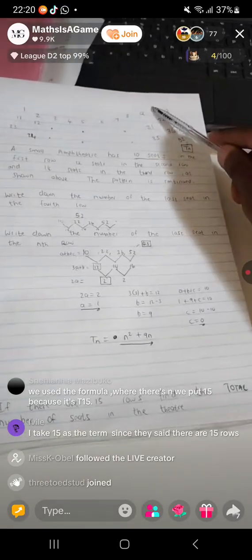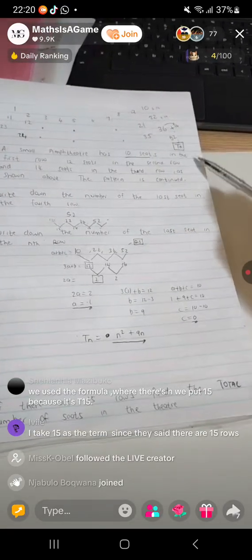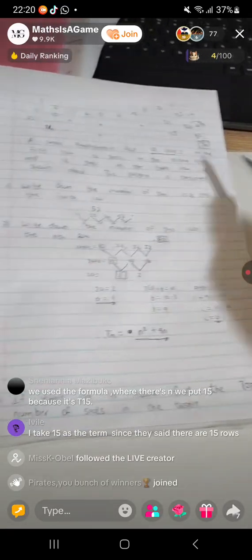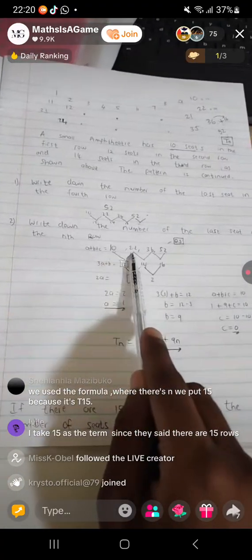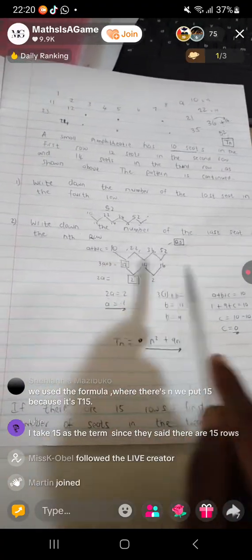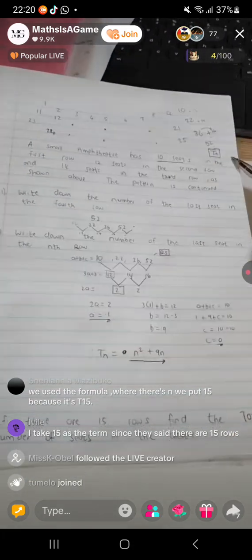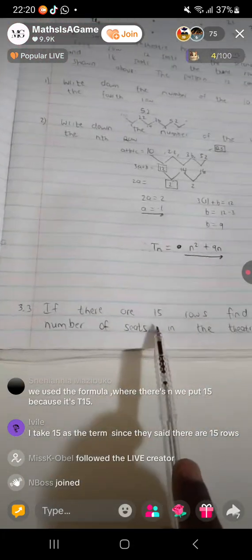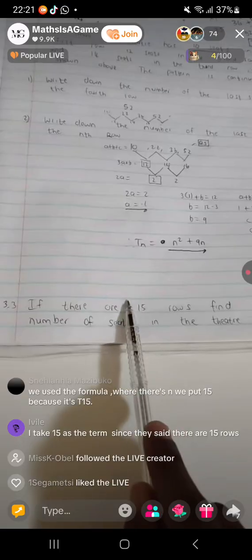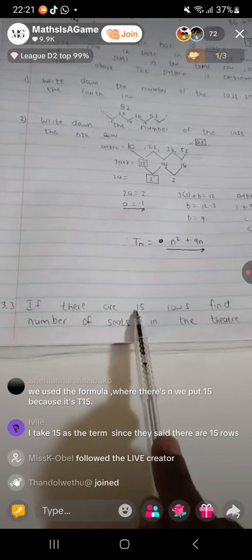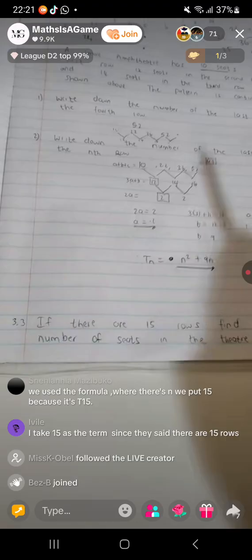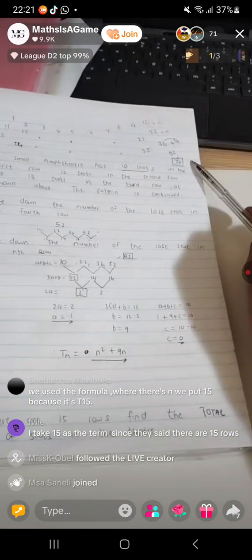So what we want to do is take the sequence of last seats, which we already formed: 10, 22, 36, 52. We want to take that nth term and substitute the position, which is 15, so that we can find the value of the term.